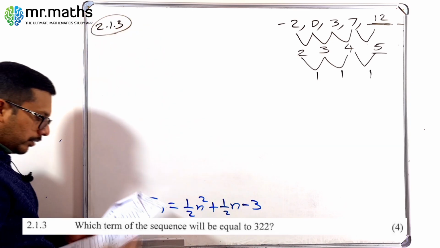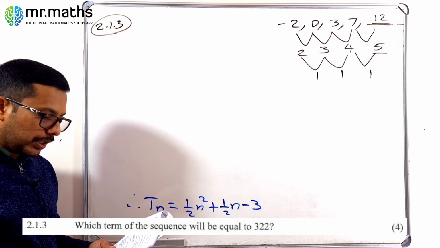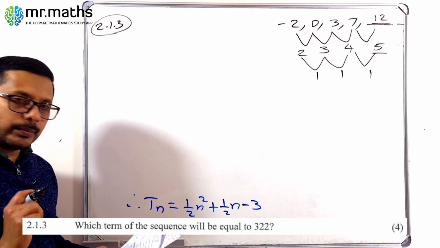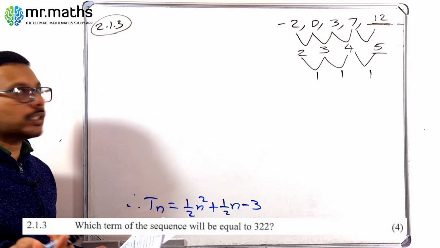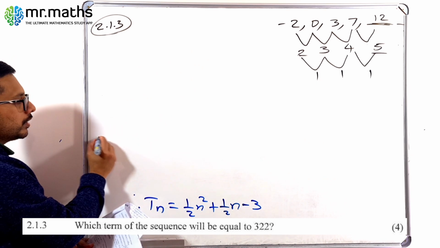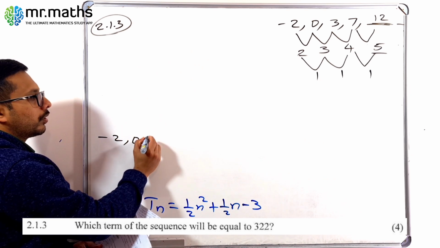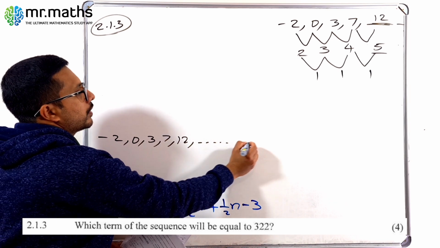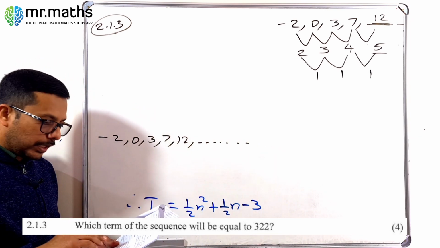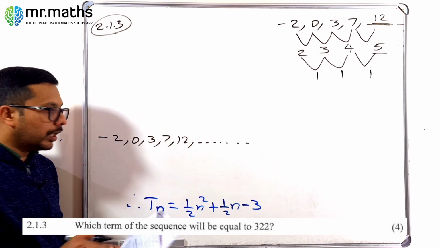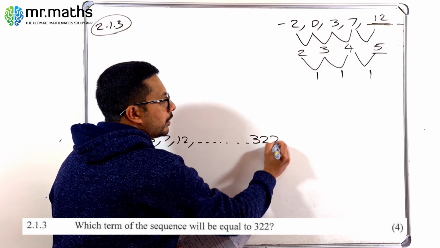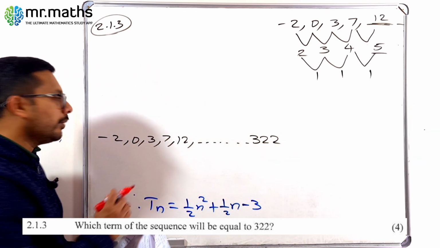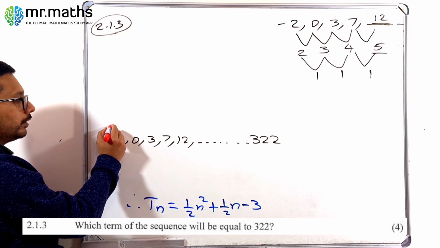What is that question? Which term of the sequence will be equal to 322? What is the meaning of that? Which term of the sequence? Our quadratic sequence is this one: minus 2, 0, 3, 7, 12, and so on. They are saying that there is a 322 somewhere here, and you have to find which term that is.